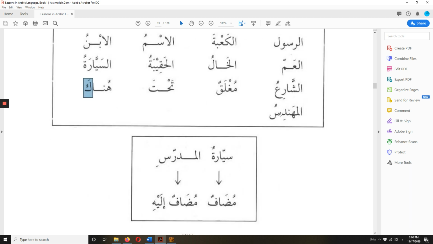Then you have al-muhandisu, which means the engineer. When I was living in Cairo, Egypt, the neighborhood that I lived in was called muhandisin, engineers, because it was built in the 1960s and primarily engineers lived there originally. So they called it al-muhandisin.